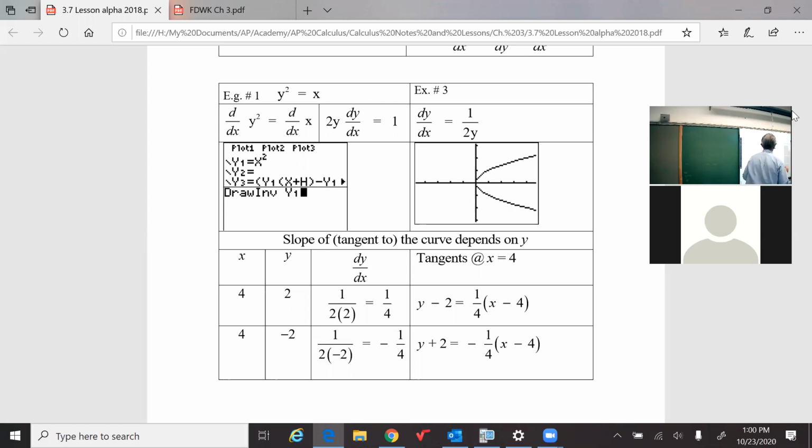So if I take the derivative, ready? I'm going to write this over here. This is just the left side. The derivative with respect to x of y squared. These letters don't match. Because they don't match, I have to take the derivative with respect to y and multiply that by dy dx.